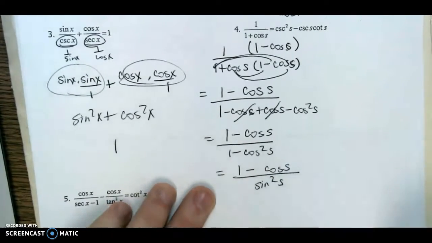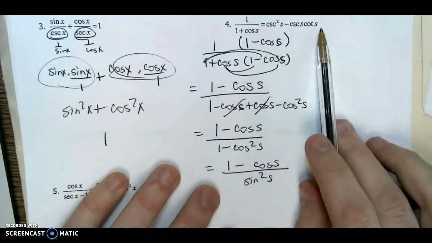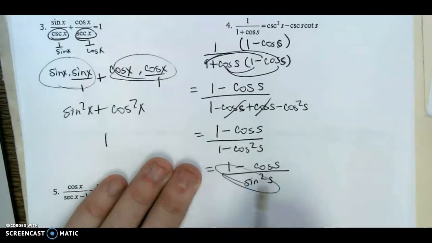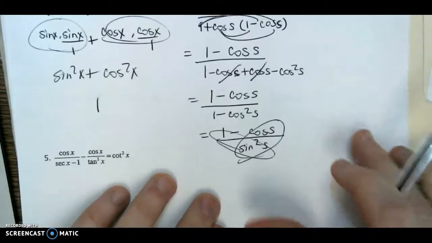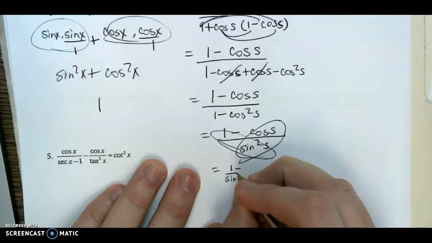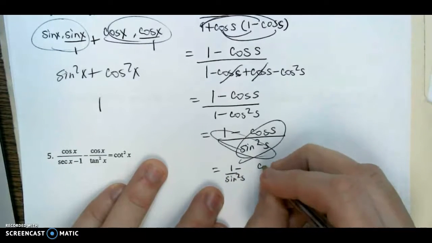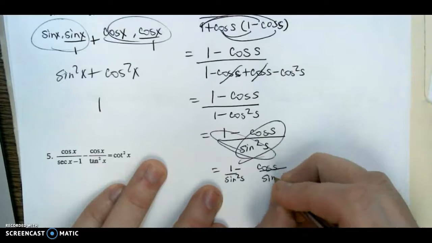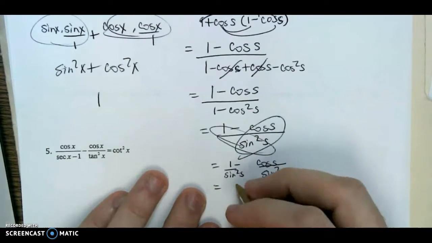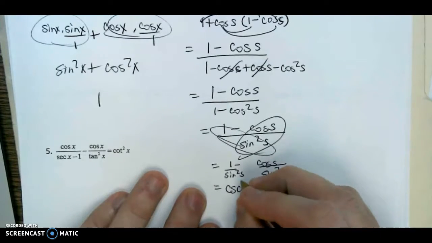And if I want cosecant minus cosecant cotangent, I can split this into two fractions and make this 1 over sine squared minus cosine over sine squared. That 1 over sine squared becomes the cosecant squared that you need.